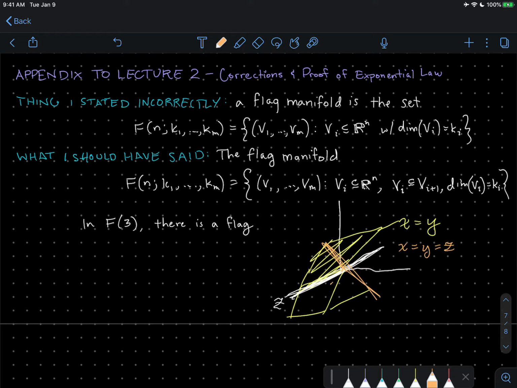And then that contains the point x equals y equals z equals 0. So the flag is R3 contains the set of points x equals y, contains the set of points x equals y equals z. So that's a complete flag. Okay.